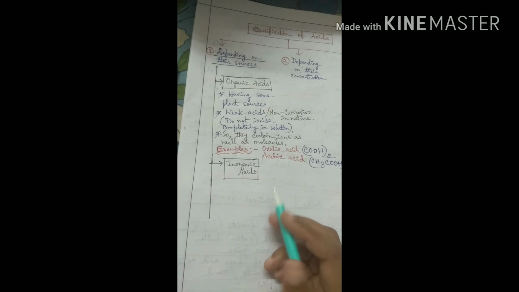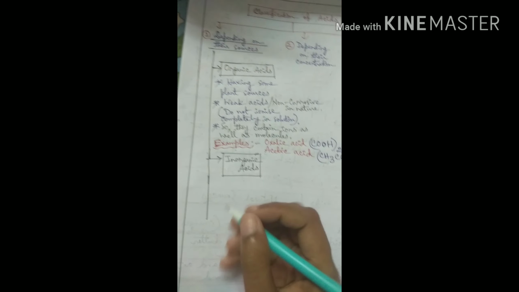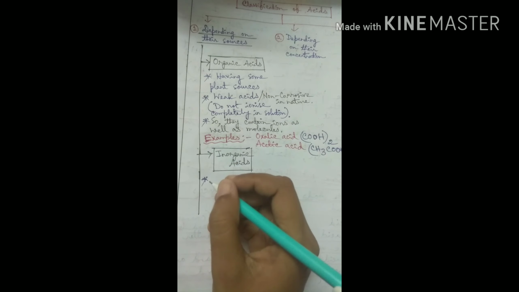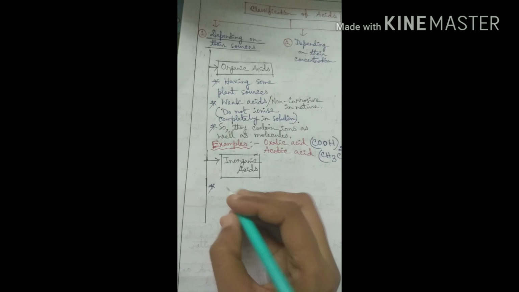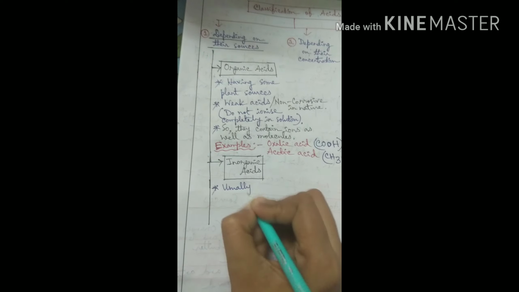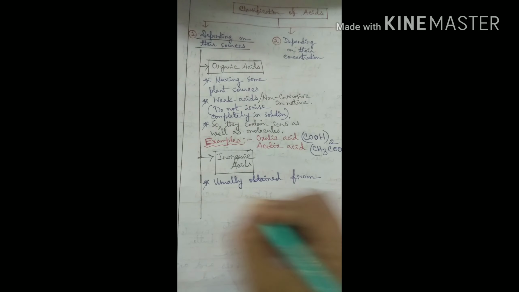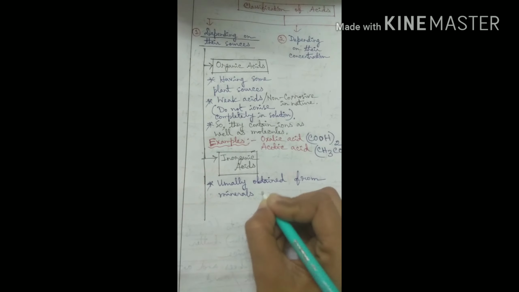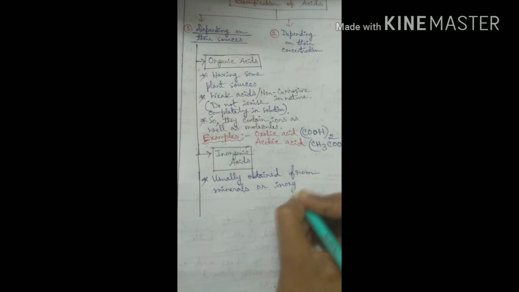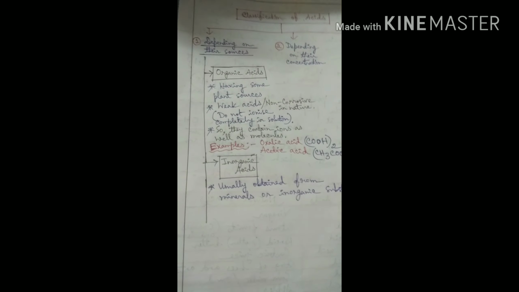Now, inorganic acids are usually obtained from minerals. Inorganic sources like minerals, or inorganic substances.